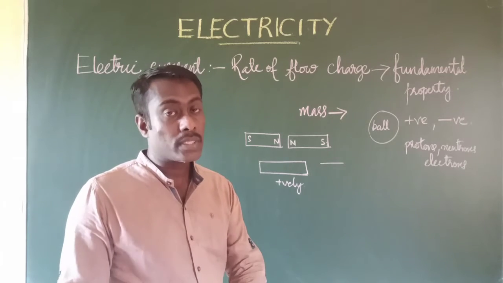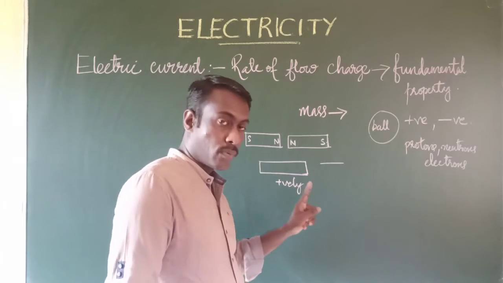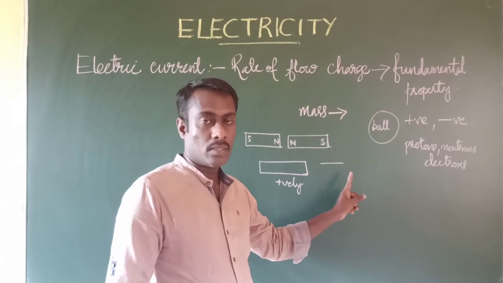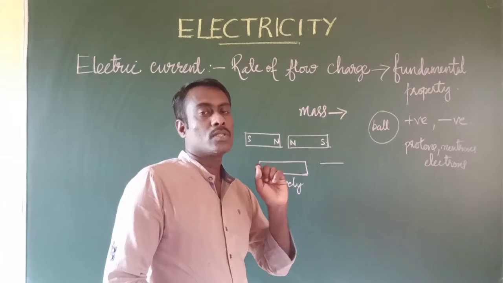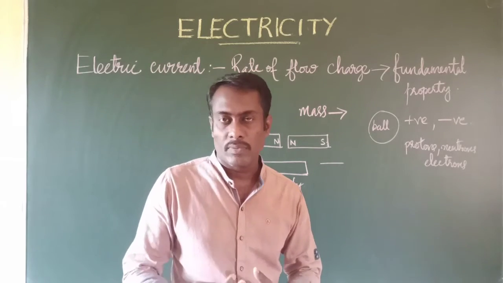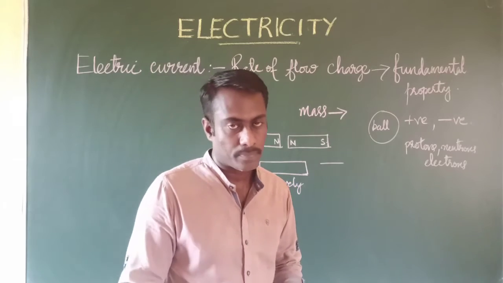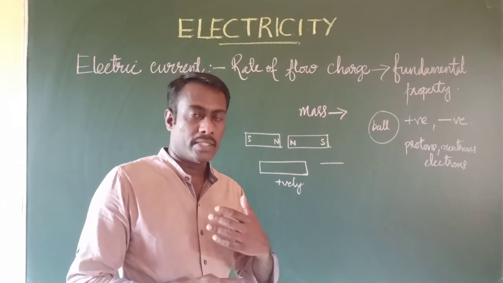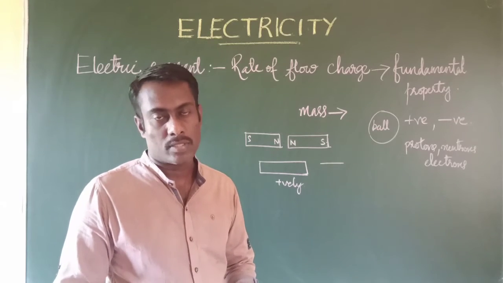Protons are also there, but the number of electrons is more in that material, so it is negatively charged. This is how positively and negatively charged particles are formed, and an object is either positively or negatively charged.